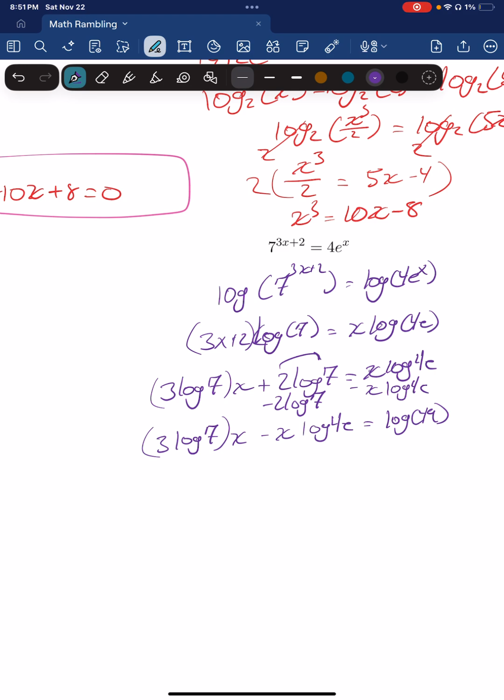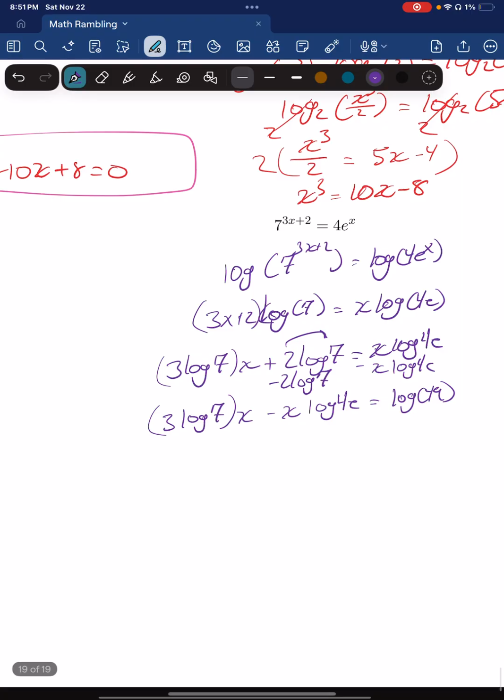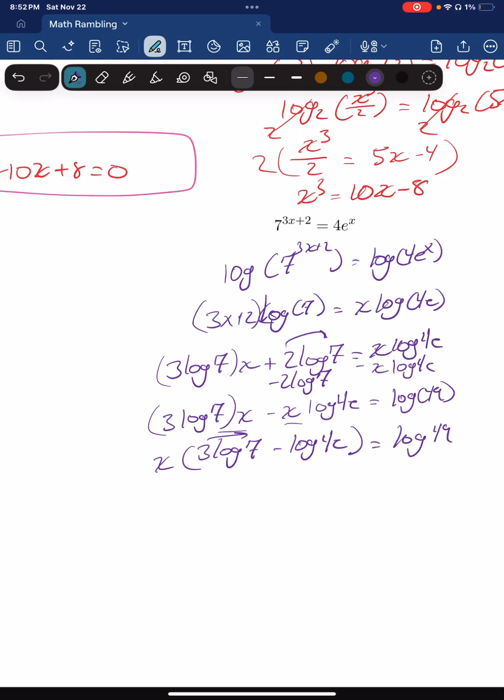Okay, I'm almost out of time, but it's okay. Let's see. So we get x times, I'm factoring out an x on this side, to get 3 log 7 minus log 4e equals log 49. I'm going to bring this 3 on the inside here, and I'm going to combine these using our division rules to get log of 7 cubed over 4e equals log 49.